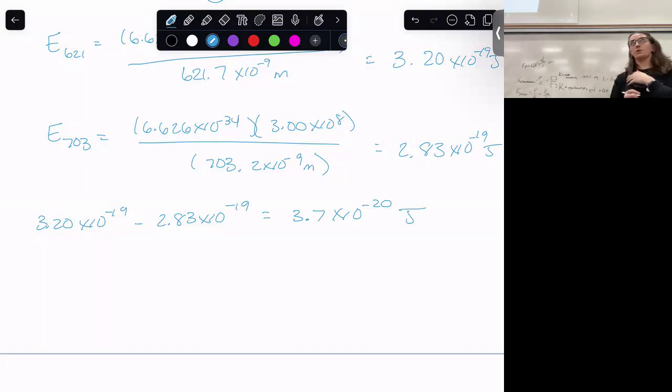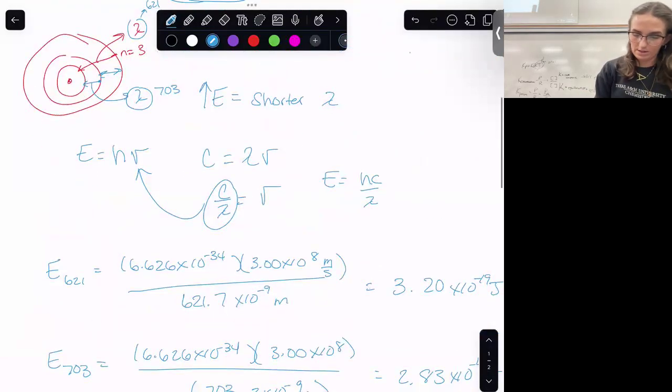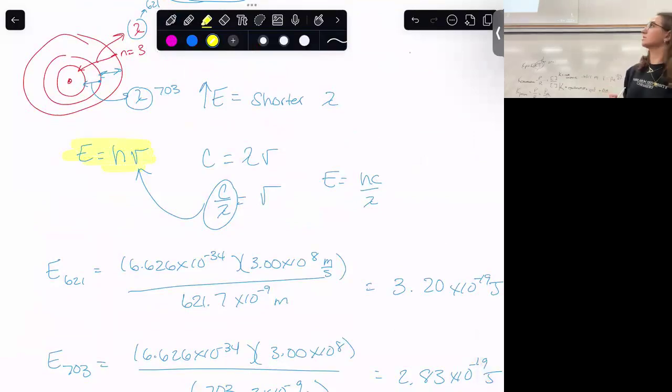And then how would we solve for frequency here? Divided by h. Yep. Yeah, perfect. So we're going to use just this equation. The energy is equal to h times frequency.